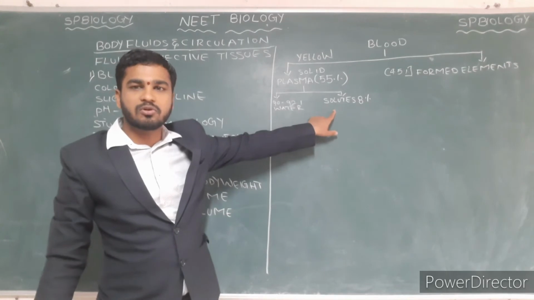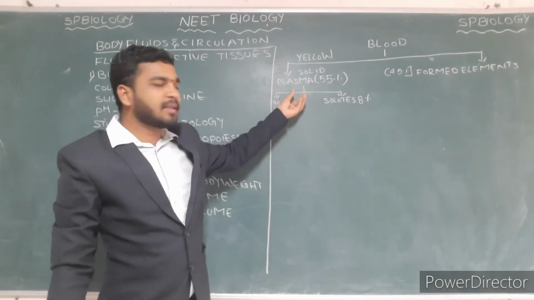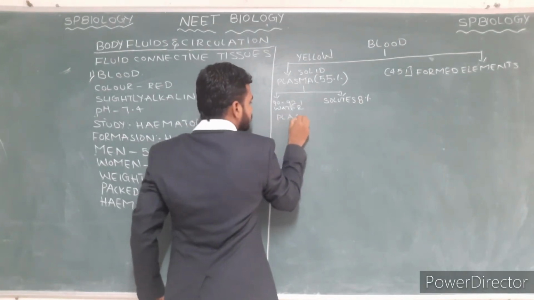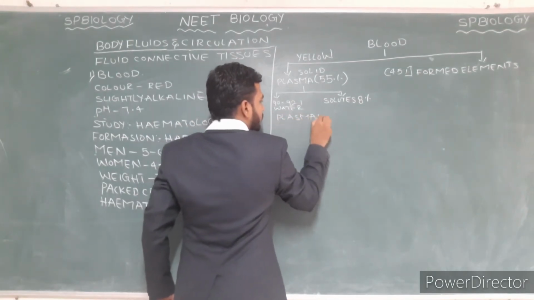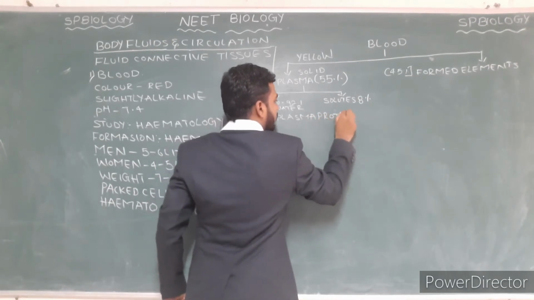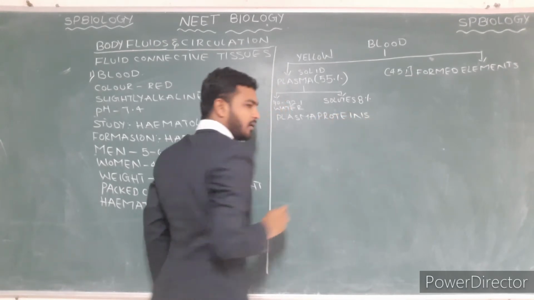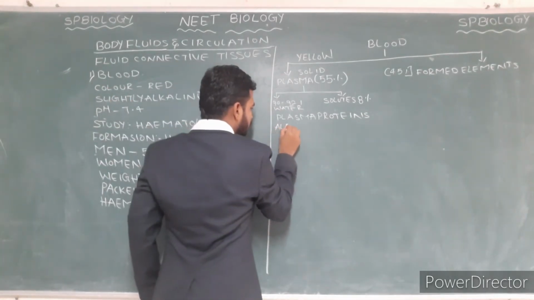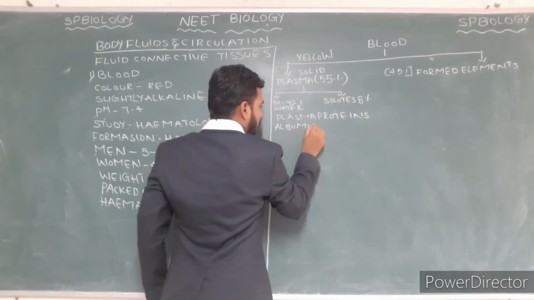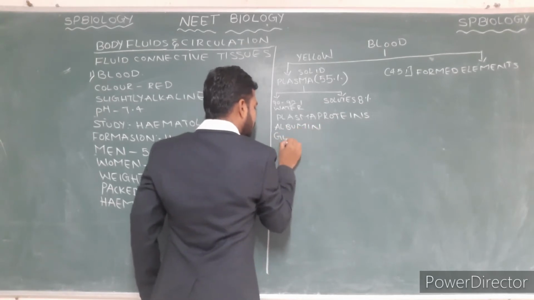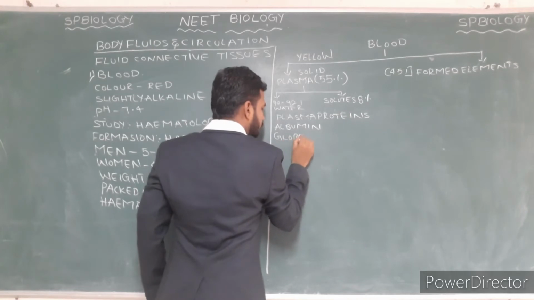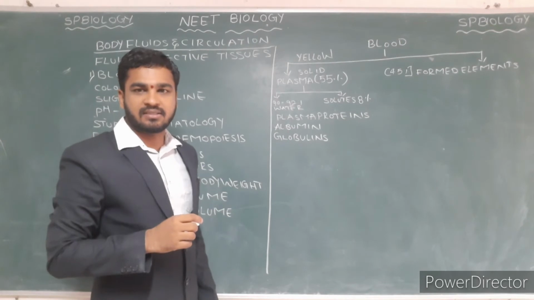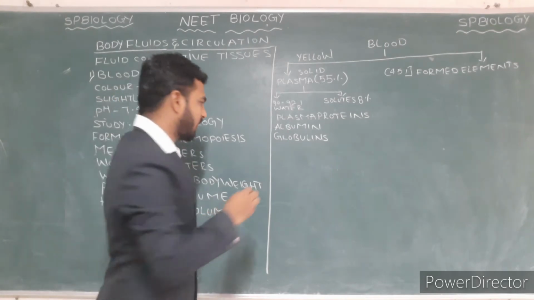In this 8% solutes, we can see plasma proteins like albumin, globulin, and blood clotting factors like prothrombin and fibrinogen.